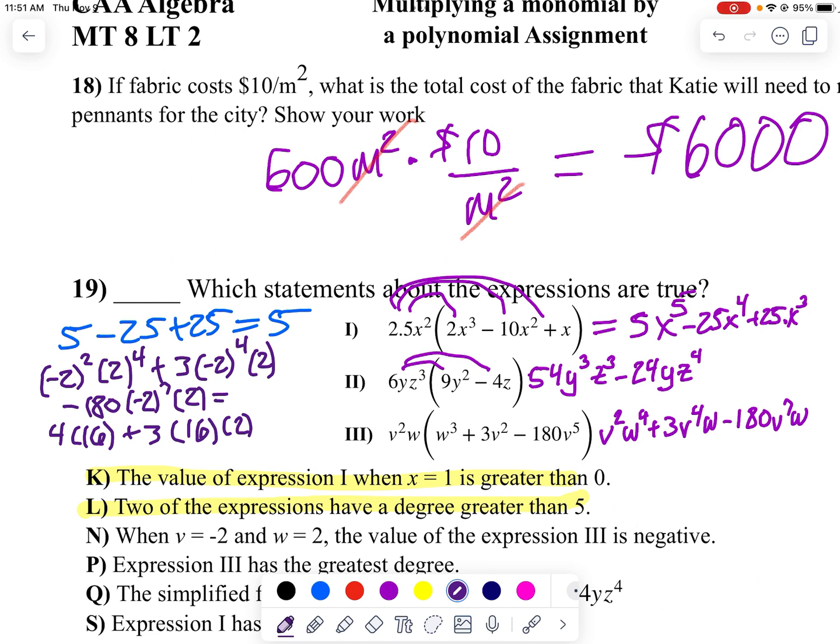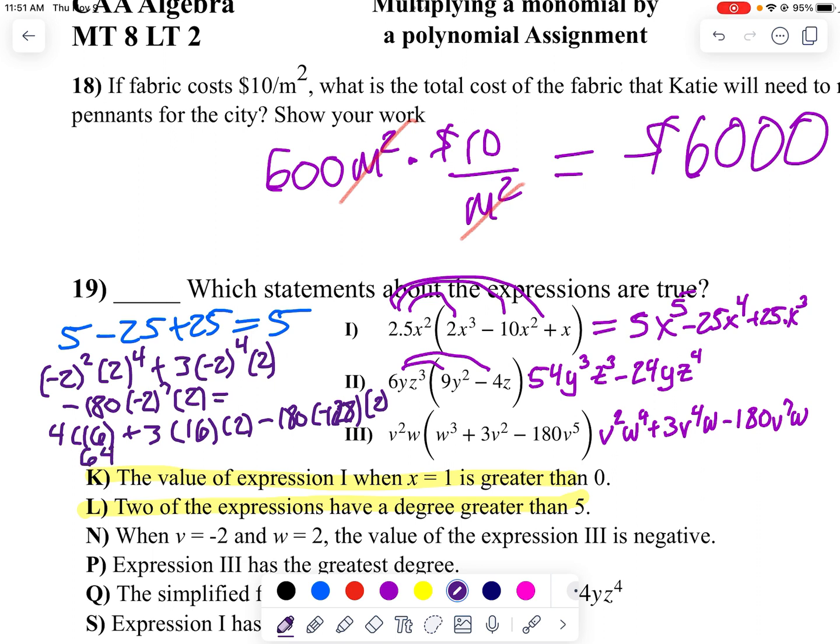Then I'll have minus 180 times negative 2 to the 7th power. Well, negative 2 to the 7th power would be negative 128, times 2. Okay, if I take 4 times 16, I get 64.